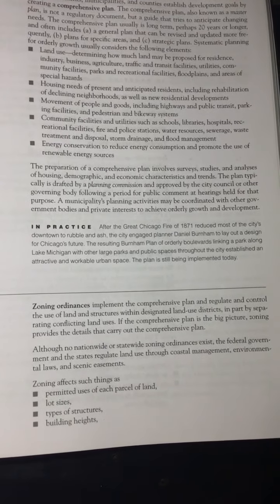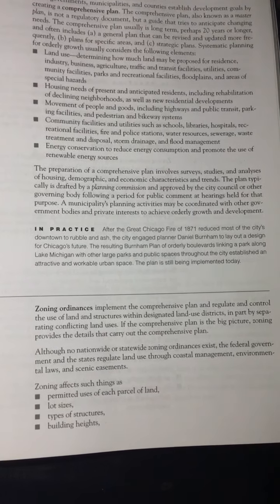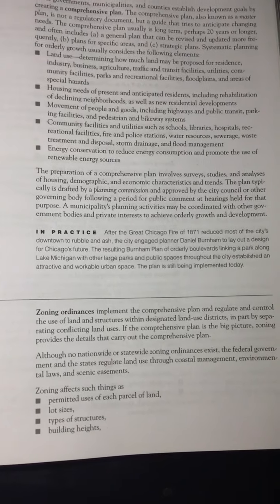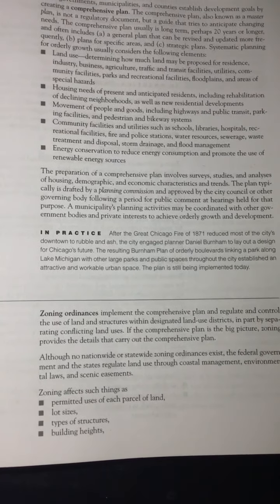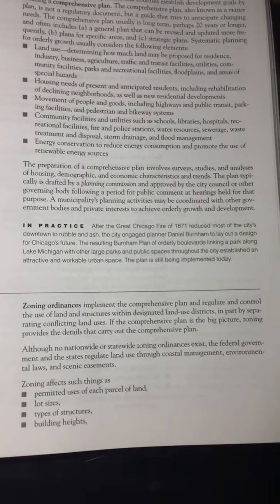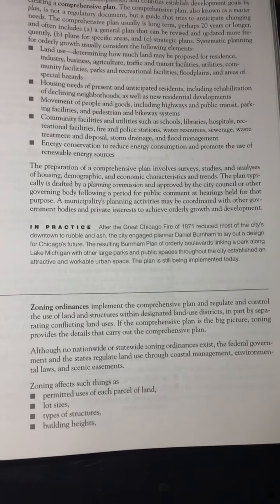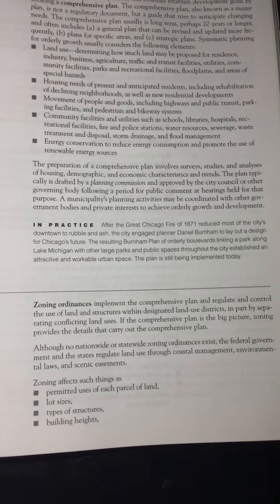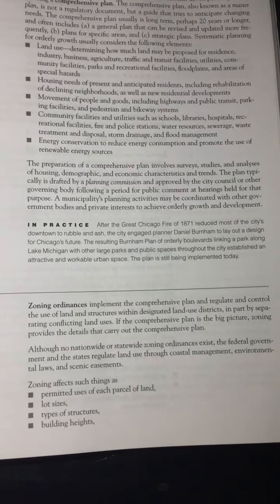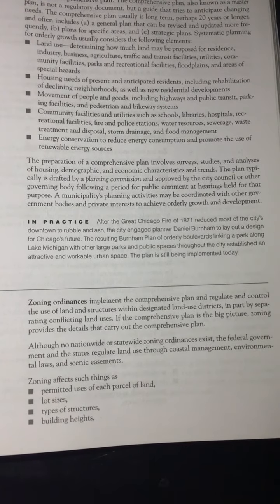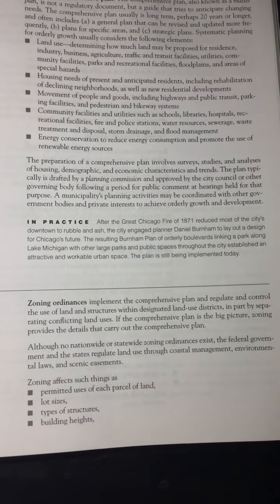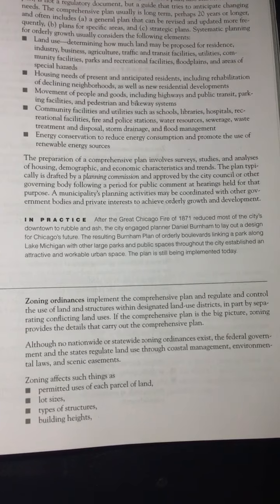Zoning ordinances implement the comprehensive plan and regulate and control the use of land and structures within designated land use districts, in part by separating conflicting land uses. If the comprehensive plan is the big picture, zoning provides the details that carry out the comprehensive plan.